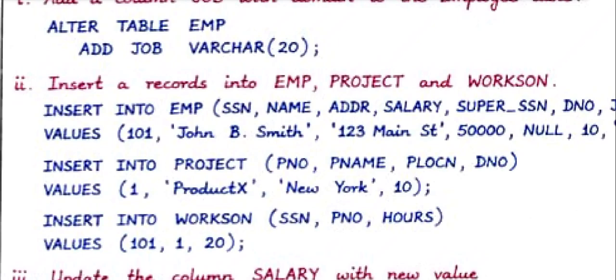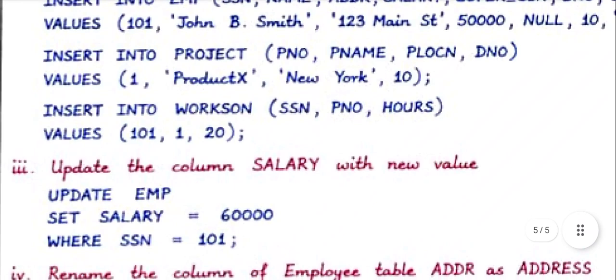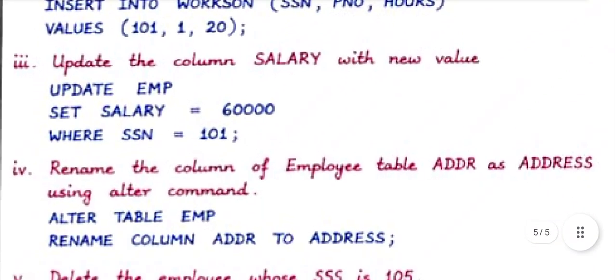Then insert into project of pno, pname, plocation and dnum values, same thing. Then update the column salary with the new value. Update EMP set salary equals 60,000 where SSN equals 101.